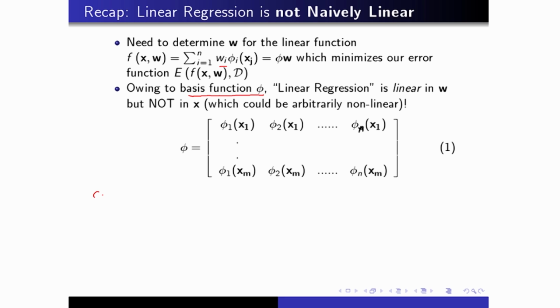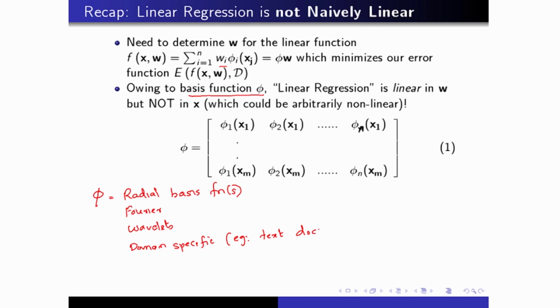We already pointed out that phi could be the radial basis function, or the Fourier basis, or you could also use wavelet basis or any domain specific basis. For example, with text documents, your phi's could be phrases.